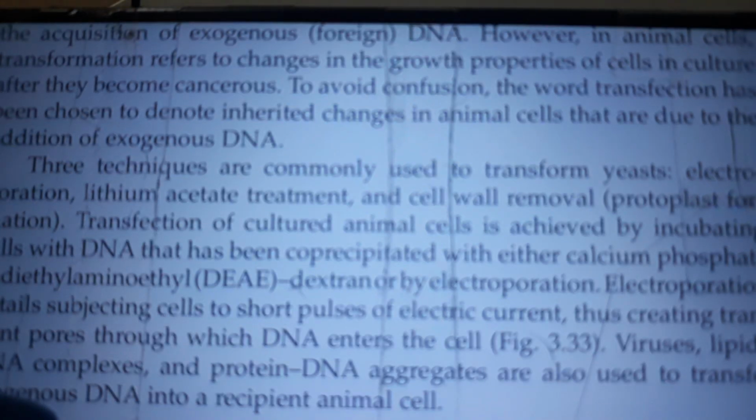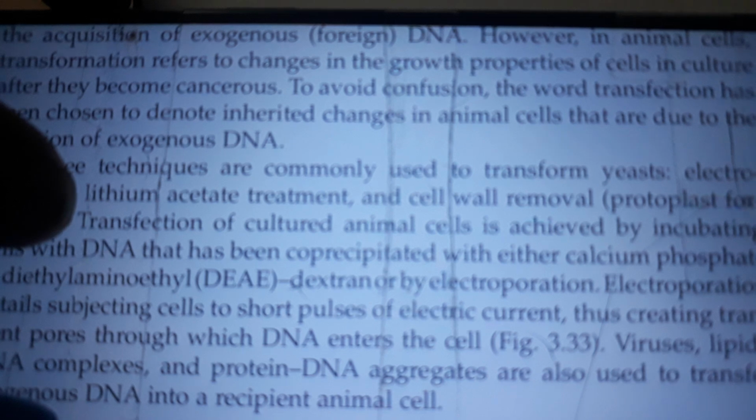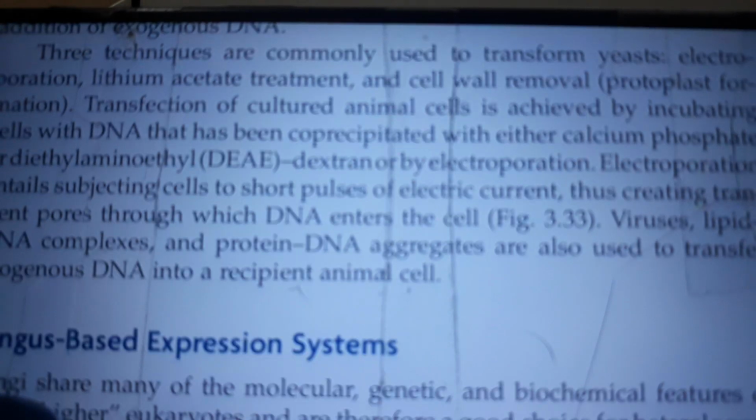Three techniques are commonly used to transform yeast: electroporation, lithium acetate treatment, and cell wall removal (protoplast formation). Transfection of cultured animal cells is achieved by incubating cells with DNA that has been co-precipitated with either calcium phosphate or diethylaminoethyl (DEAE) dextran, or by electroporation, which entails subjecting cells to short pulses of electric current, thus creating transient pores through which DNA enters the cell.